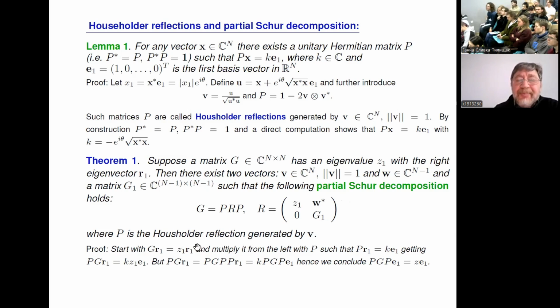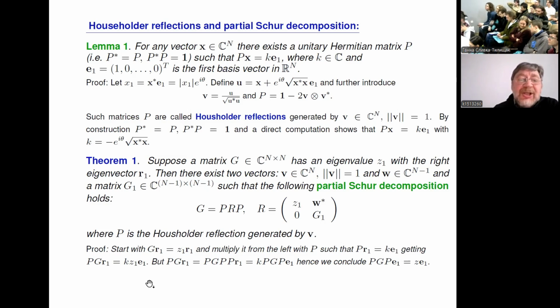We start with the eigenproblem for the right eigenvector R1. According to the lemma that we just discussed, there exists a Householder reflection which, when multiplied from the left with our eigenvector R1, converts it, up to a proportionality constant, to E1, the first basis vector.